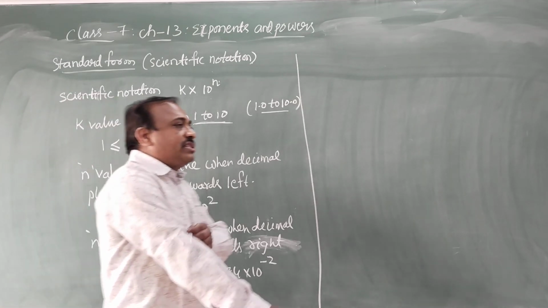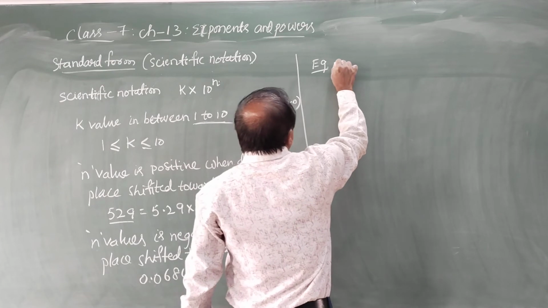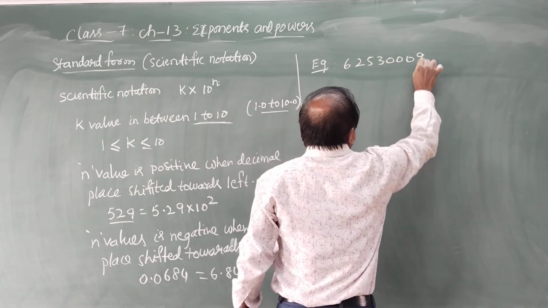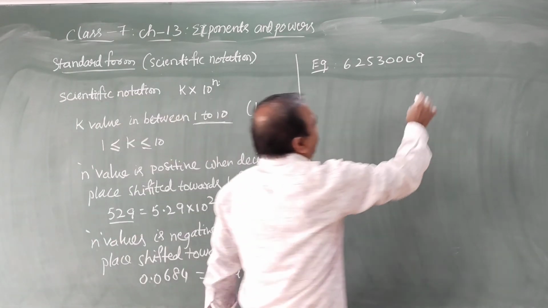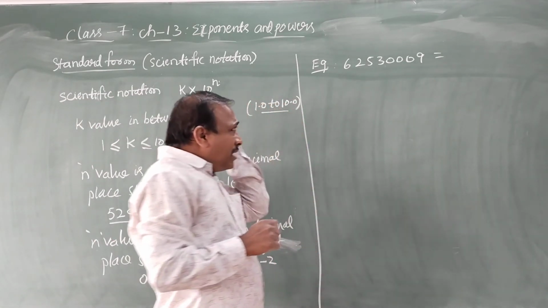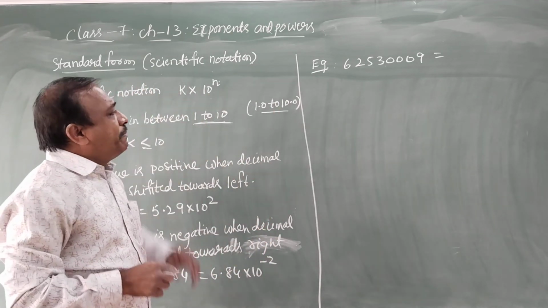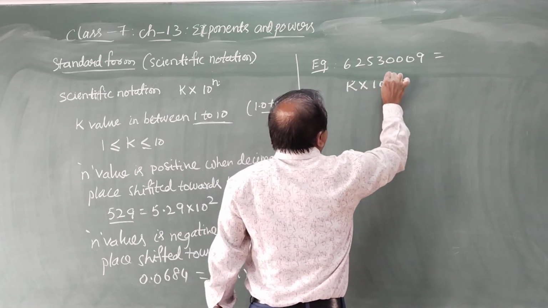So let us go through some of the examples again. Here 6253000. How to express in standard form or scientific form? You have to get the k into 10 to the power n form.